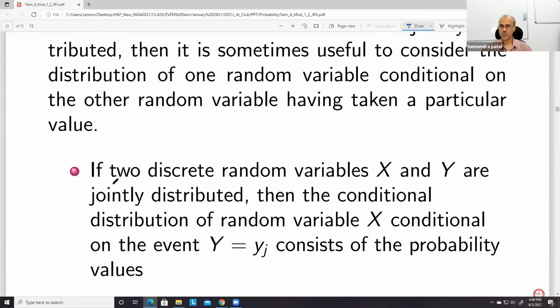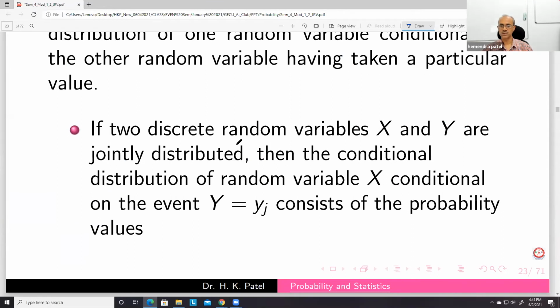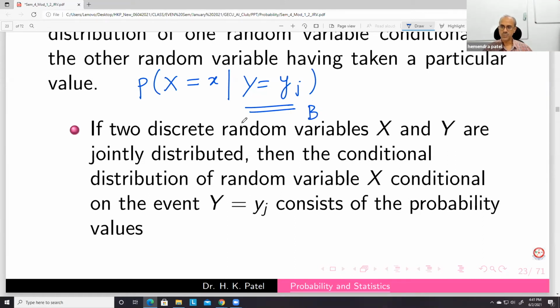So if two discrete random variables x and y are jointly distributed, then the conditional distribution of random variable x, say x is equal to xi, subject to y is equal to yj. So this is my condition, you can think of this as B, and this is A, x is equal to xi.